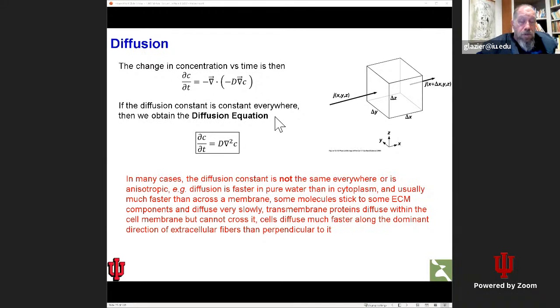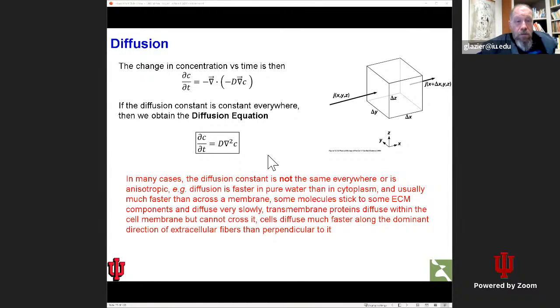Another thing that happens, which is not put into this equation, is that many biomolecules bind to each other, not chemically reacting, but sticking. And in particular, a lot of signaling molecules, like growth factors, have something called a heparin binding domain.